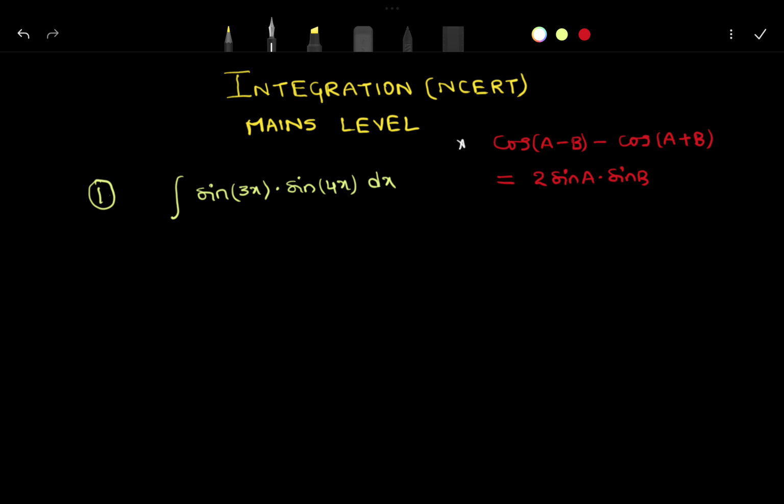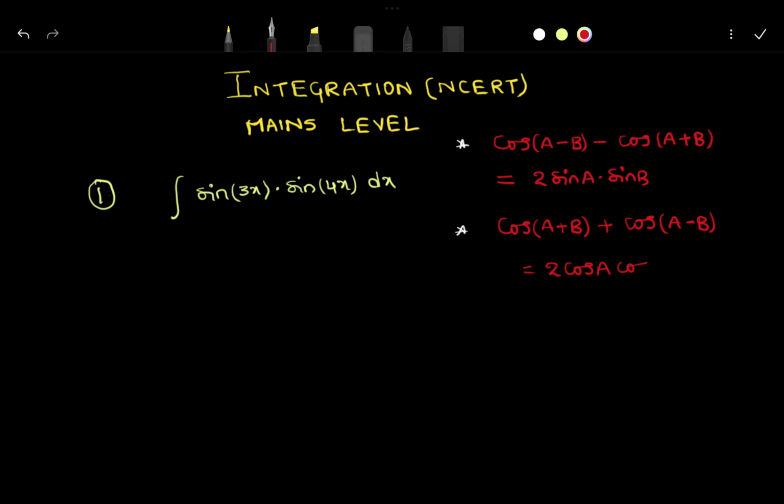Next, another formula: cos(a plus b) plus cos(a minus b) equals 2 cos a cos b.